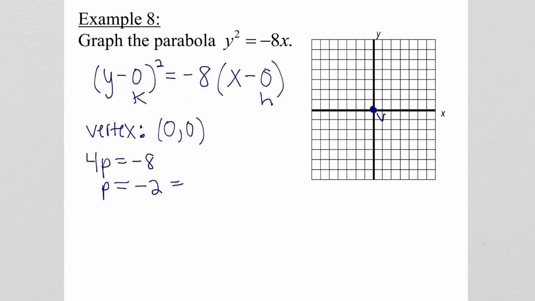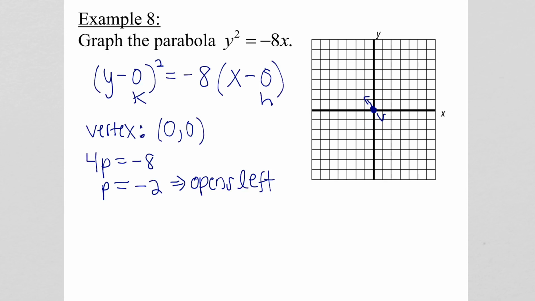But because our p value is negative, this parabola opens to the left. I can even draw a mini curve to remind myself. From the vertex, I can travel 2 units to the left to get to the focus point, because the focus lies within my curve.